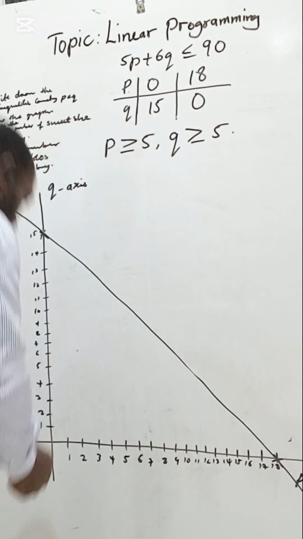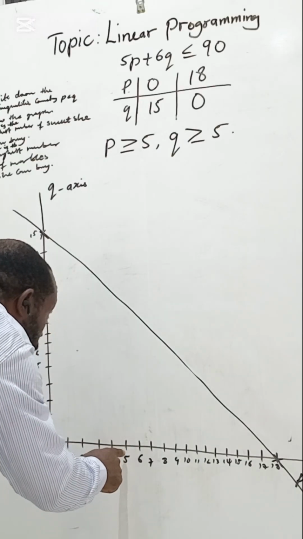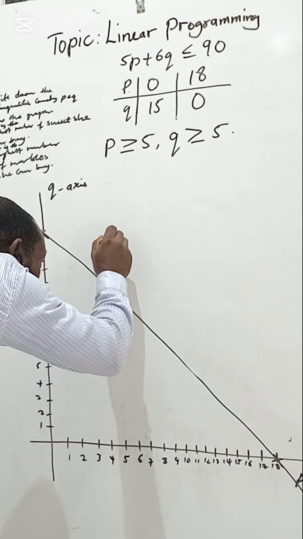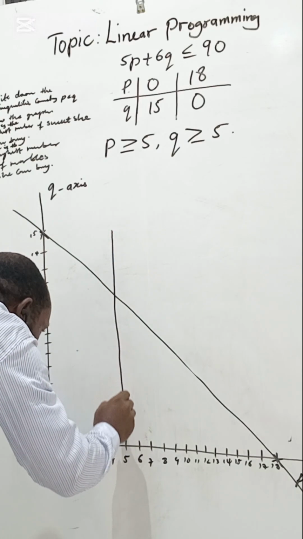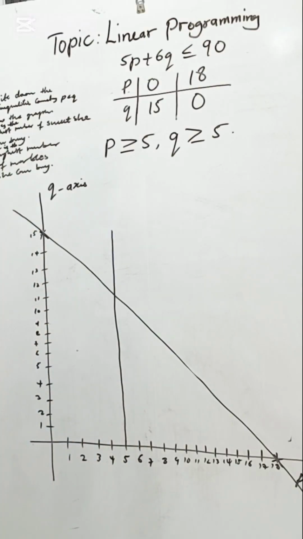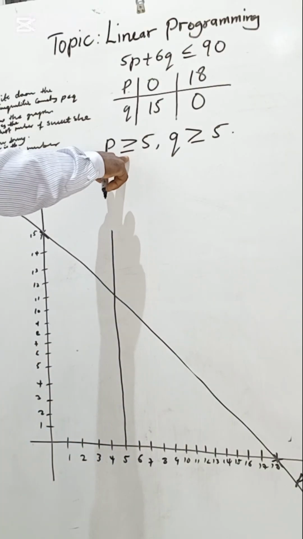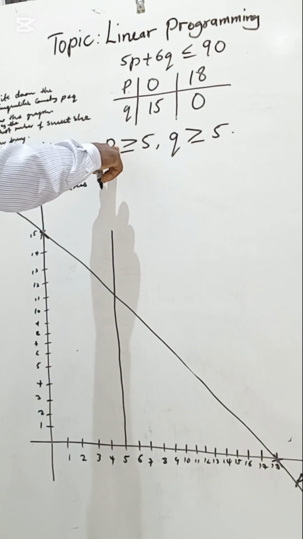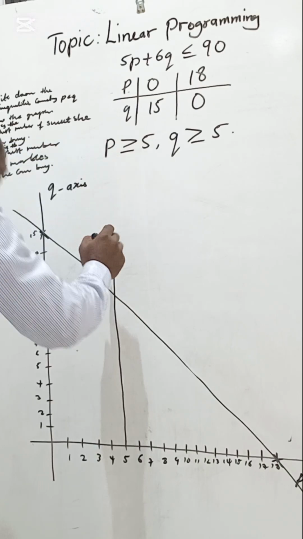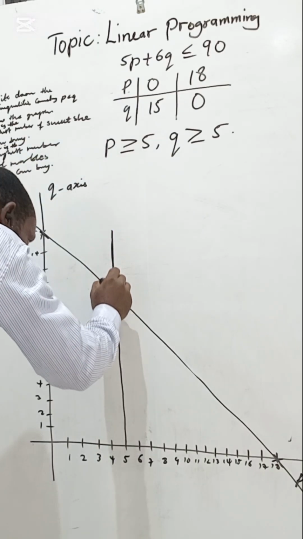P greater or equal to 5 is this point here. So it's a vertical line. Because the inequality sign is double, greater than and equal to, the line is going to be a thick line.